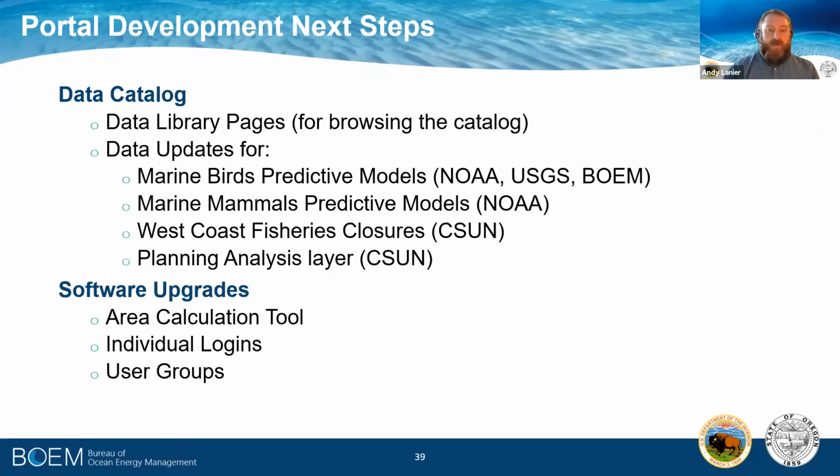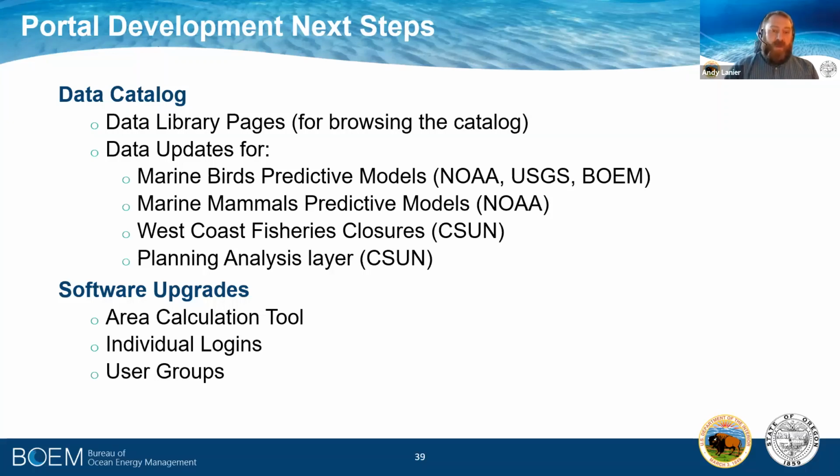And then there are a couple of other layers of importance, one of which is that in 2015, the data portal produced a West Coast fisheries closures layer. That was a summary of all the different types of closure areas across the West Coast. That product is being updated to our recent time horizon.